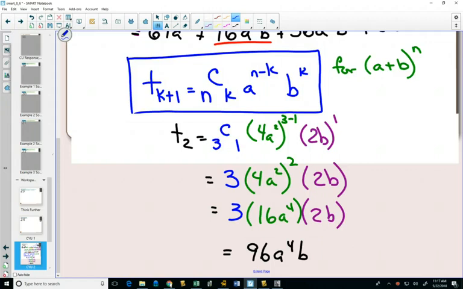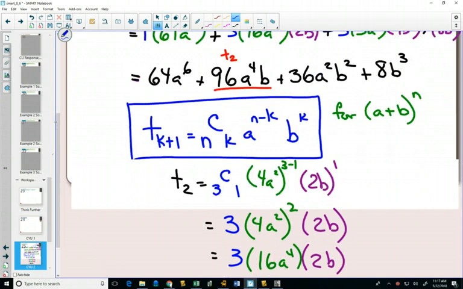So you could use the formula 4 times if you wanted to do the complete expansion. You could find term 1 with the formula, then k would be 0. We found term 2 with the formula. You could find term 3 with the formula, then k would be 2. You could find term 4 with the formula, then k would be 3.